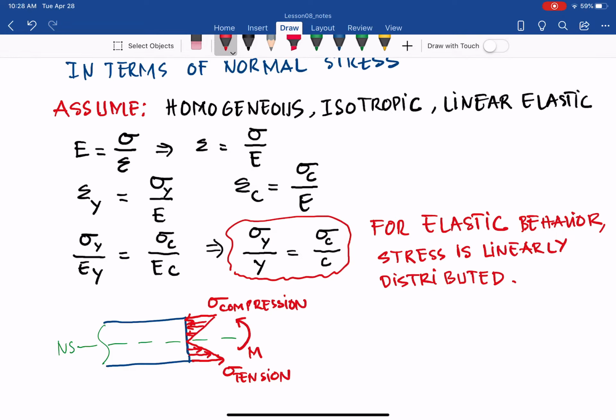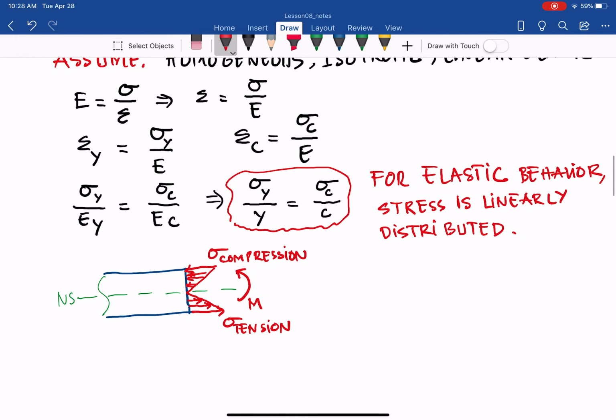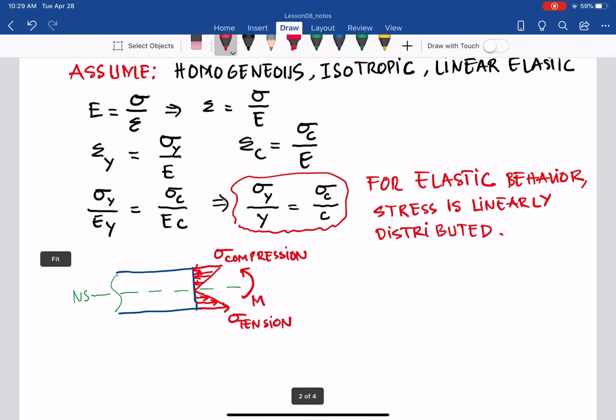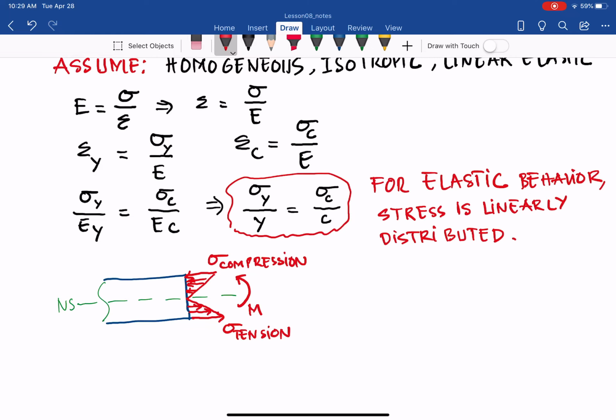So what does that mean? With the same cross section, a pure bending moment applied on it creates both tension and compression within that cross section, which is unlike an axial load, which creates either tension or compression. Yes, it creates both in the same cross section, so keep that in mind.